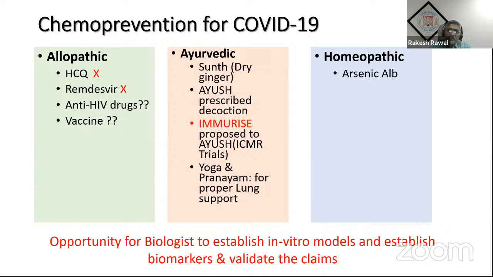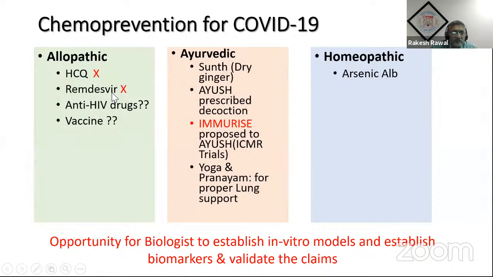If we broadly classify them into the different arms of the medical field, allopathic, Ayurvedic, and homeopathy, then in allopathy, in the initial days, HCQ was dominating, hydroxychloroquine was given to many, then azithromycin, the antibiotic.